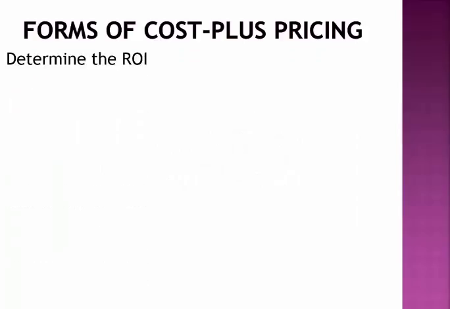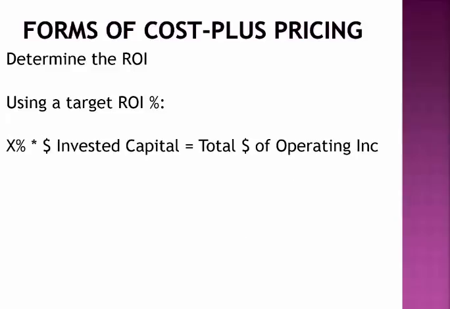Alright, so how would we go about determining our ROI? We're going to come up with our information. We can have a target number, something that has been utilized in the past, or we know that our investors or stockholders are looking to make.